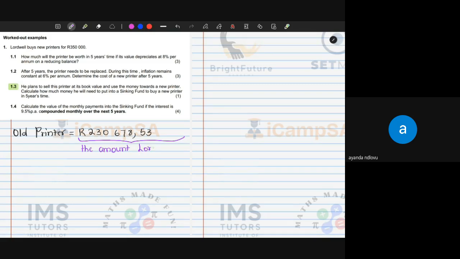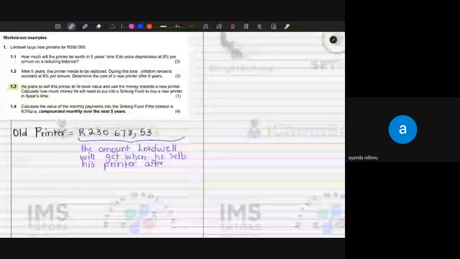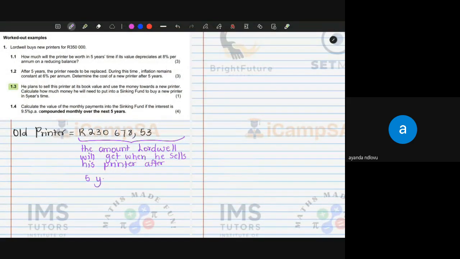It is the amount Lord Well will get when he sells his printer after 5 years. And the question is, calculate how much money he will need to put in the sinking fund.